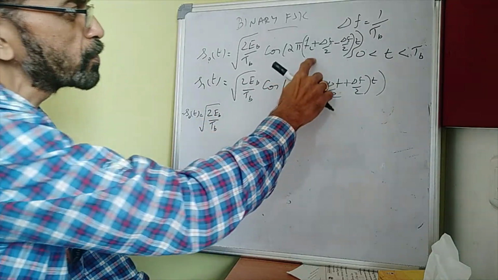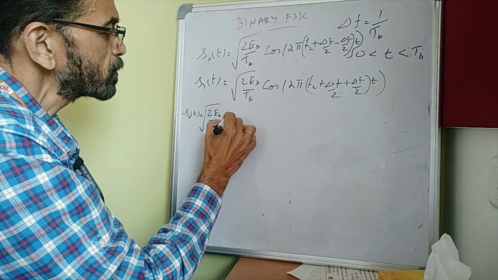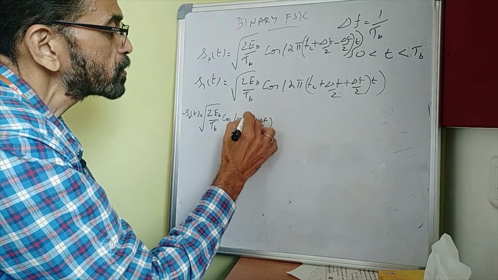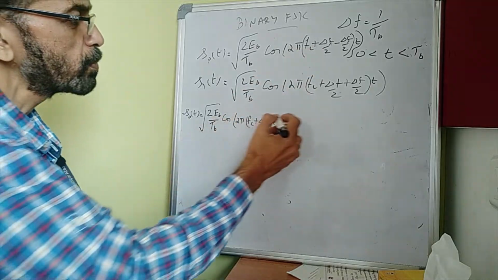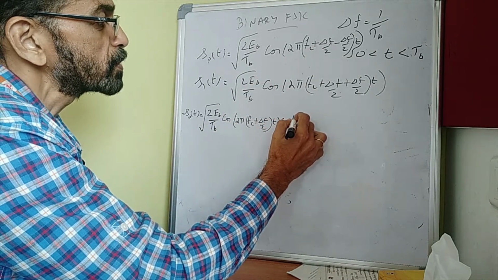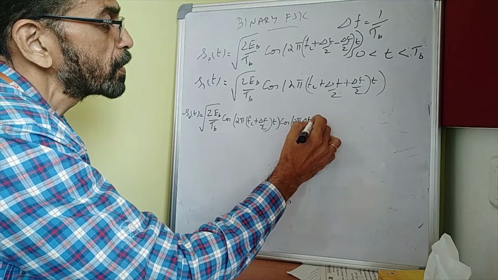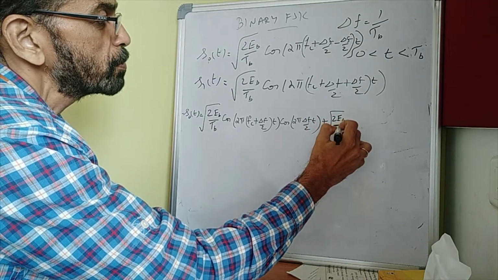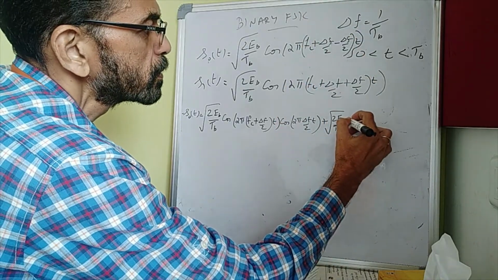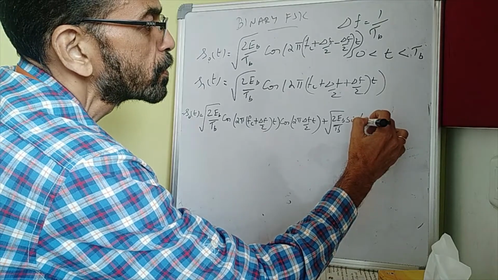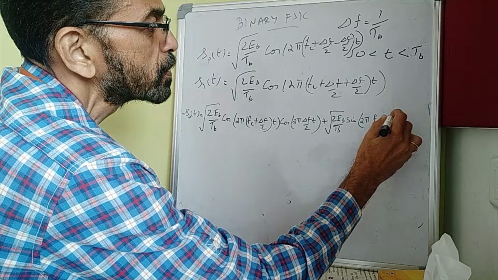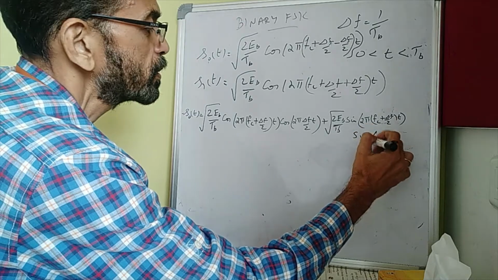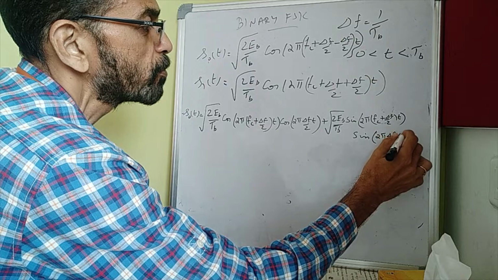You can use cos(A plus B), taking this as A and this as B, to get cos 2 pi (fc plus delta f by 2)t into cos 2 pi (delta f by 2)t, plus root of 2EB by TB sin 2 pi (fc plus delta f by 2)t into sin 2 pi (delta f by 2)t.